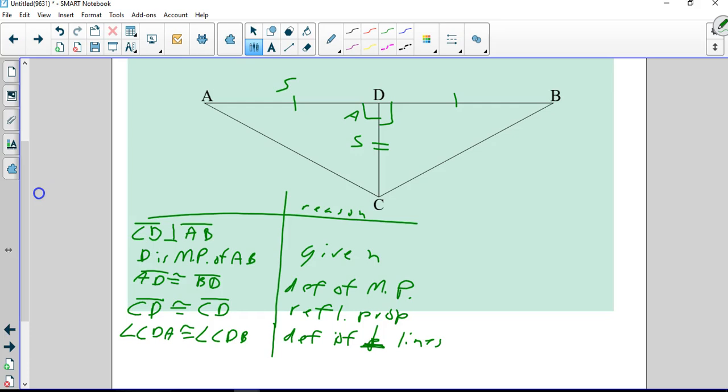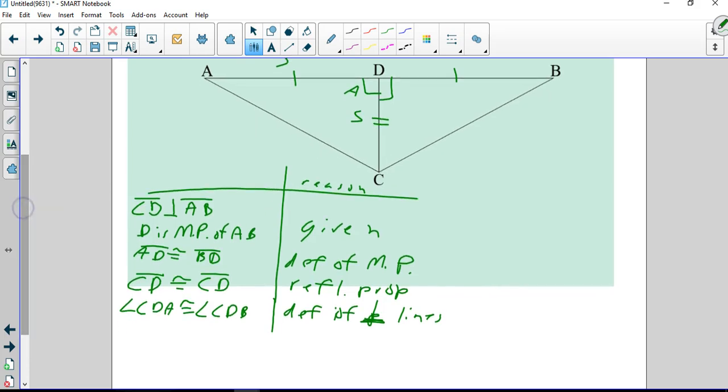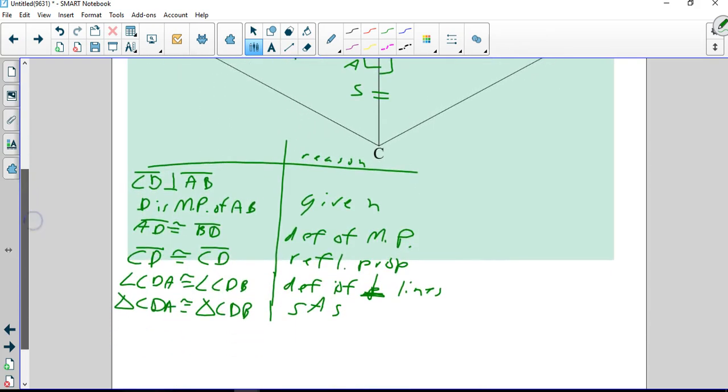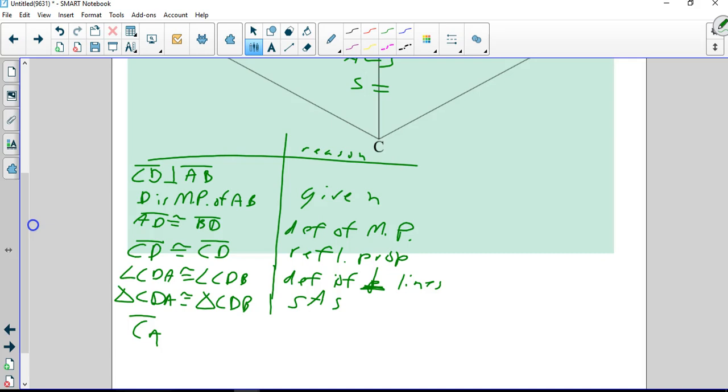And now we can say the triangle CDA is congruent to triangle CDB, by SAS. And now we can prove that CA is congruent to CB by CPCTC. Again, hit pause if you need to.